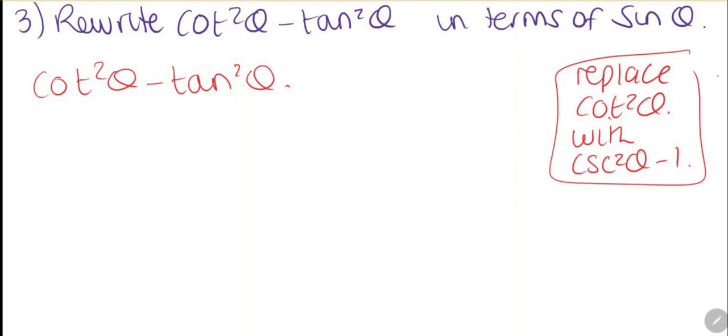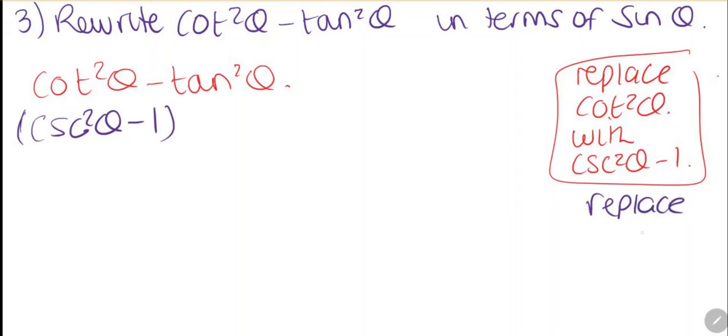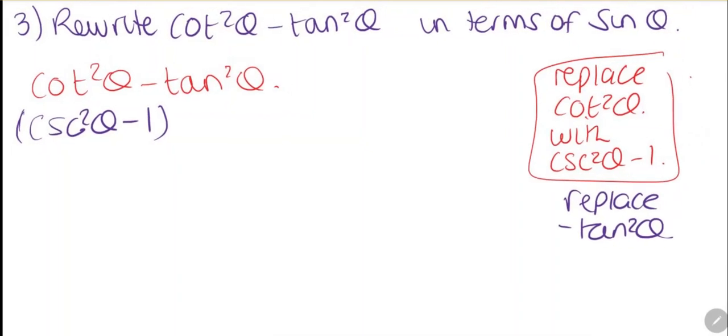So if we do that, we'll have cosecant squared theta minus 1, I'm going to put that in brackets. And then we've got minus tan squared. Now we know we can replace tan squared theta with secant squared theta minus 1.